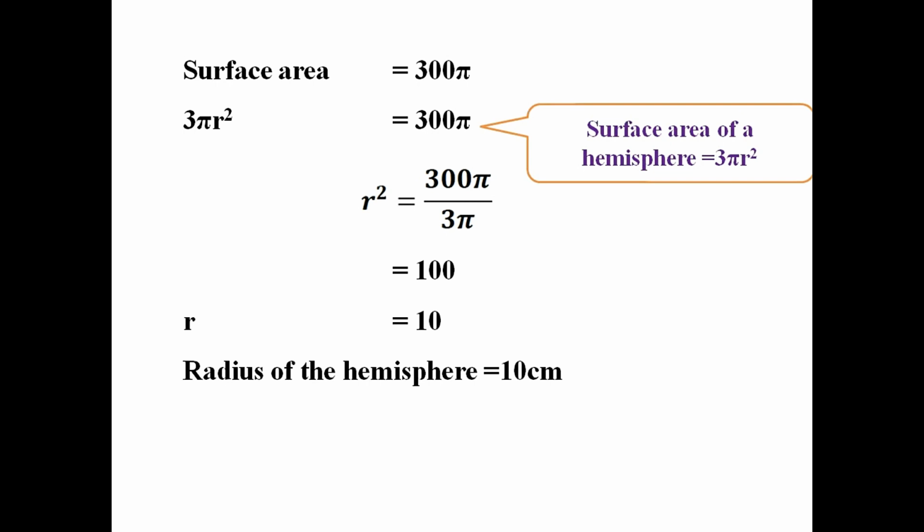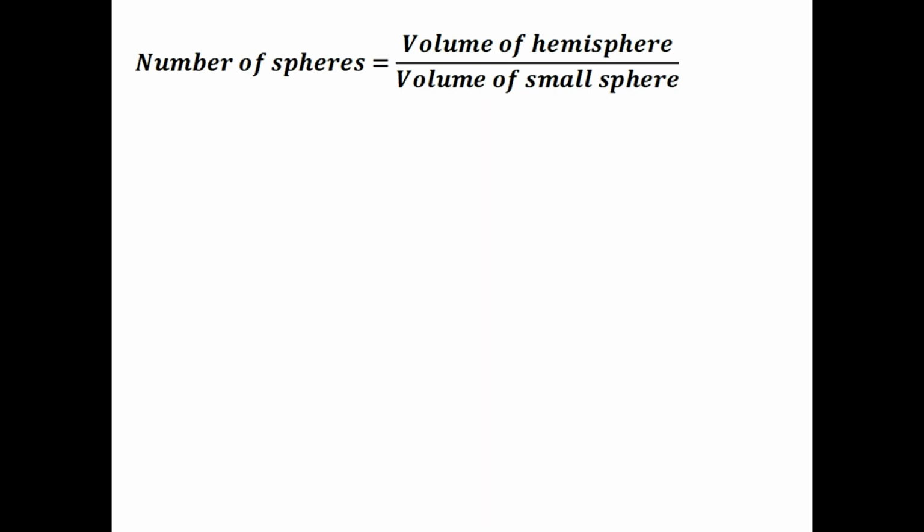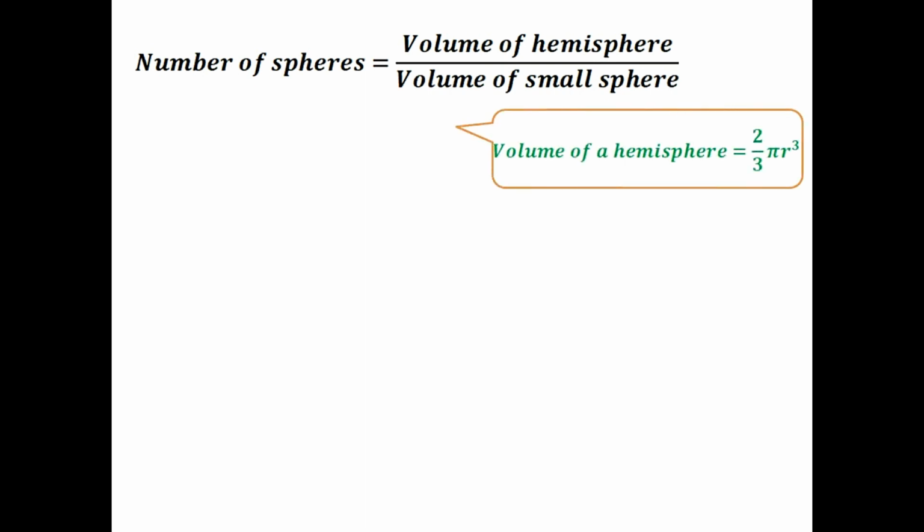Now we have to find the number of spheres, and number of spheres equals volume of the hemisphere by volume of the small sphere. And the volume of a hemisphere is 2 by 3 pi r cube. Let us take the radius of the hemisphere as capital R and the radius of the sphere as small r.